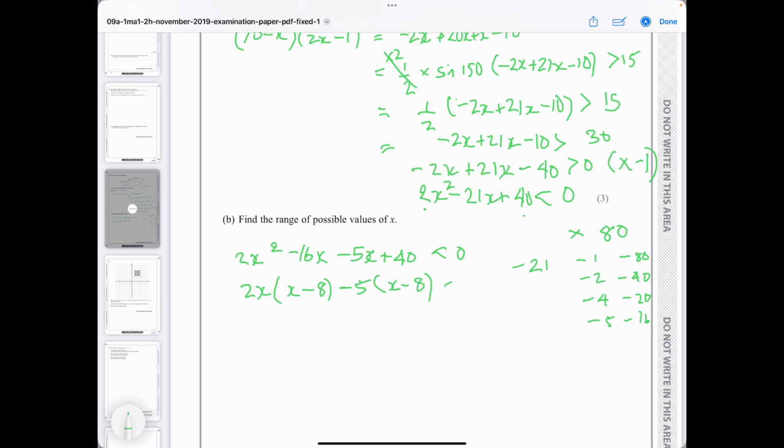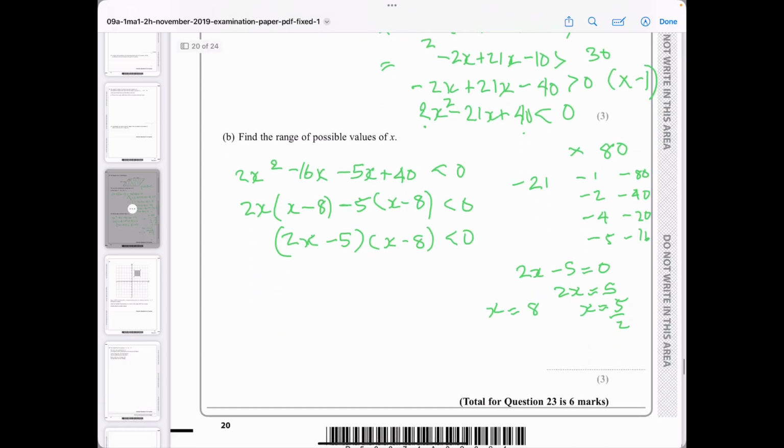So we've got 2x minus 5 and x minus 8 is less than 0, and that solves to 2x minus 5 equals 0, so 2x equals 5, x equals 5 over 2, or 2.5, and then x equals 8.